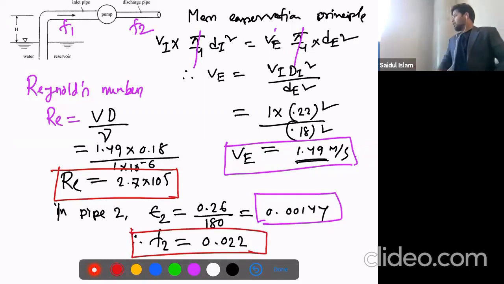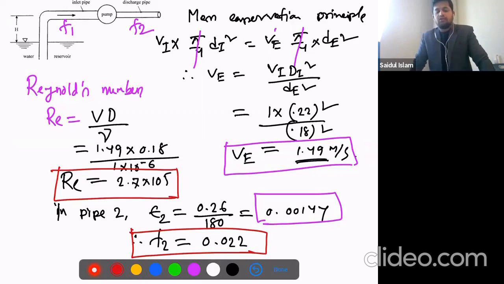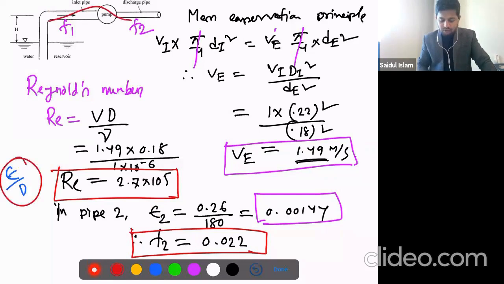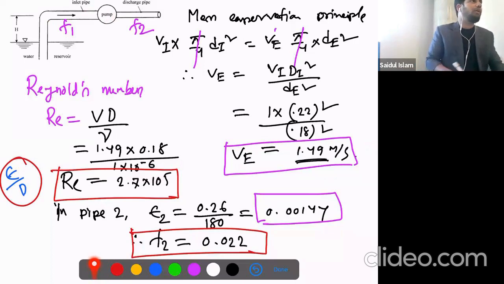So for these two values, we get this friction factor. Look here, guys, don't think the relative roughness for the inlet pipe and the discharge pipe is the same, because the definition is epsilon over d, and as the diameters of the two pipes are different, the relative roughness will be different as well. So when we know the Reynolds number and this, we get the friction factor.